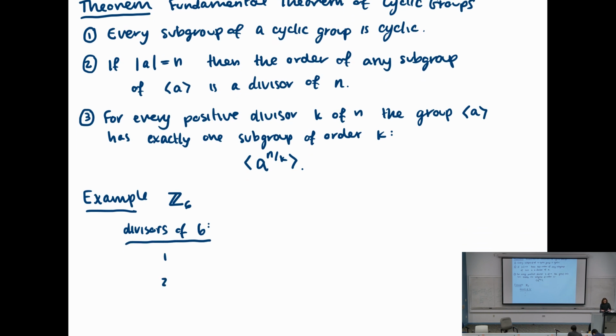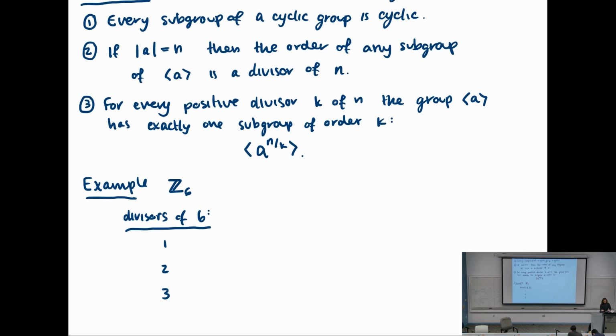So those would be 1, 2, 3, and 6. And now we know that there's going to be a unique subgroup of that order, and that's going to be generated by the following elements. So we get these generators.